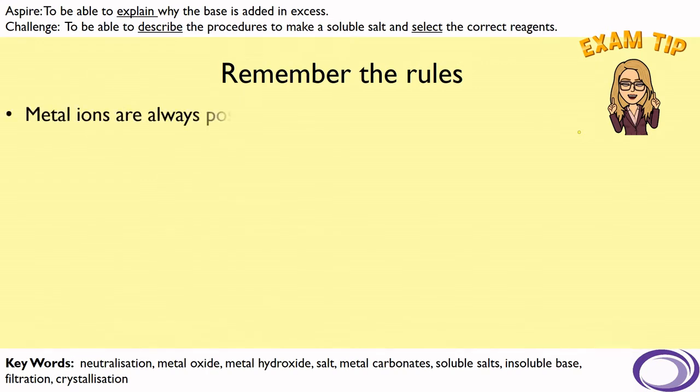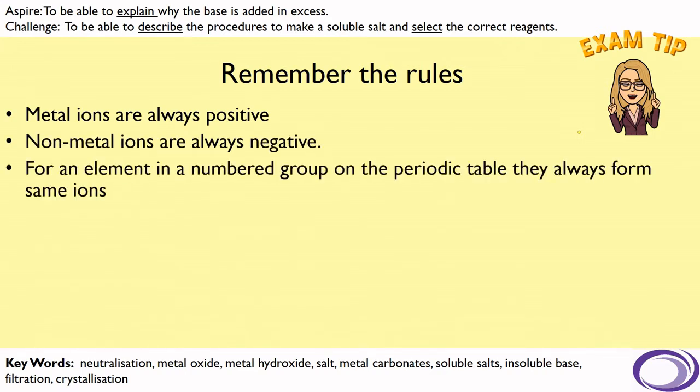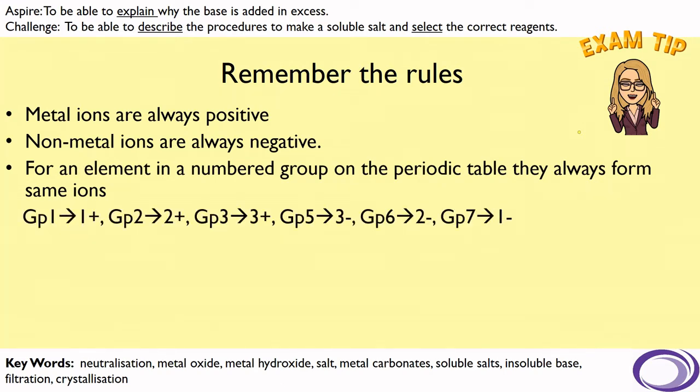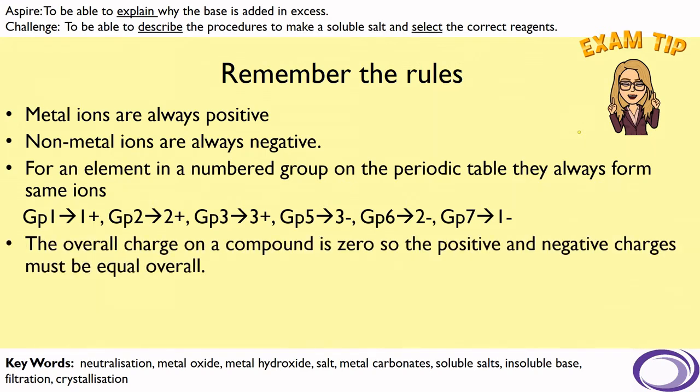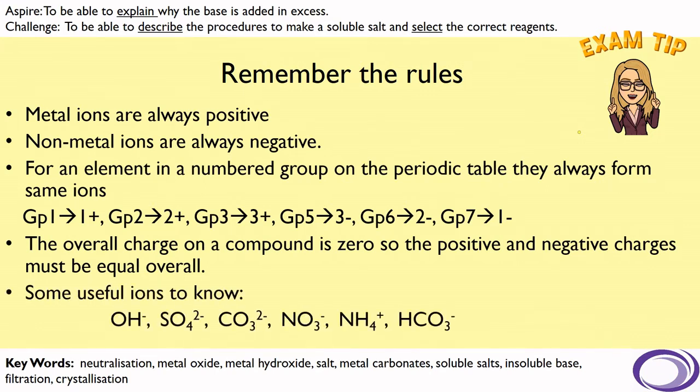Now, there are a couple of rules to help you. Metal ions are always positive. Non-metal ions are always negative. For an element in a numbered group, they will always form the same ions, and the charges are on the screen now. The overall charge of a compound has to be 0, so the positive and negative charges will be equal.